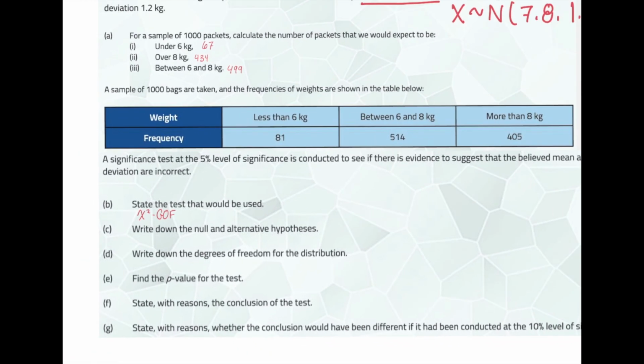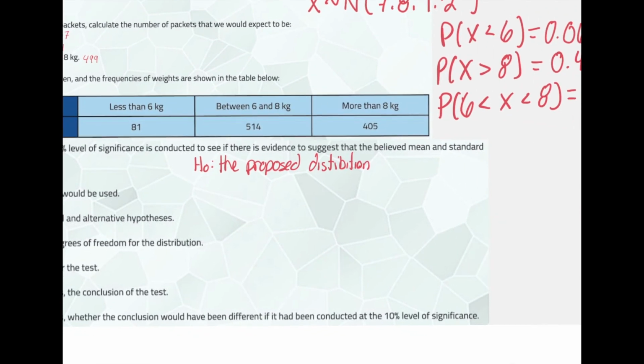And we're going to write down our null and alternative hypotheses. The null hypothesis is always that it follows a certain distribution. So we're going to say the proposed distribution, which is a normal distribution with a mean of 7.8 and a standard deviation of 1.2, is correct.